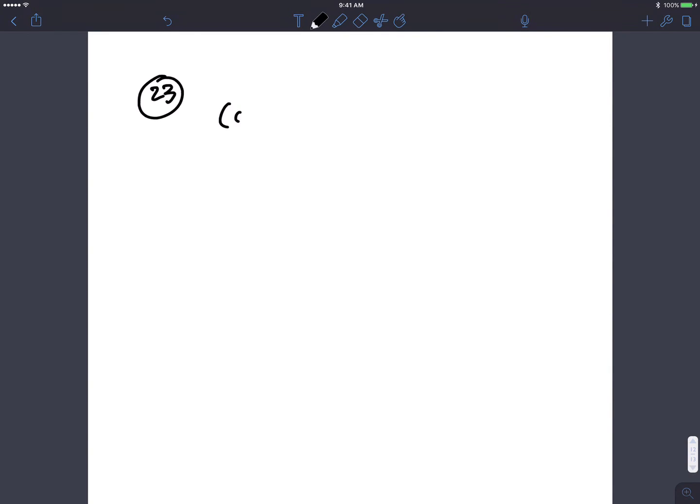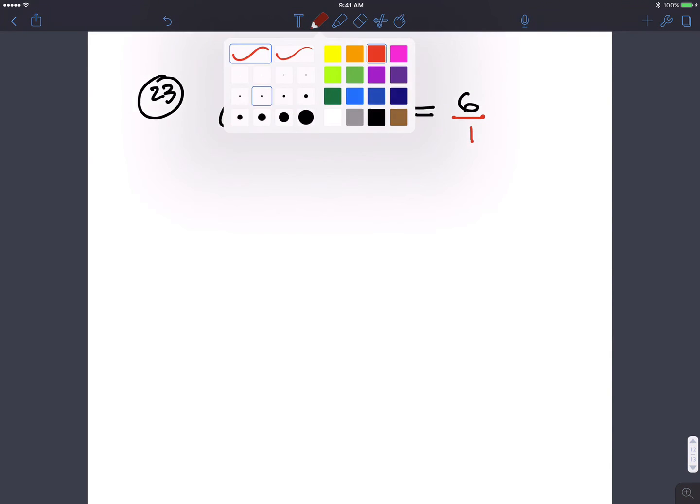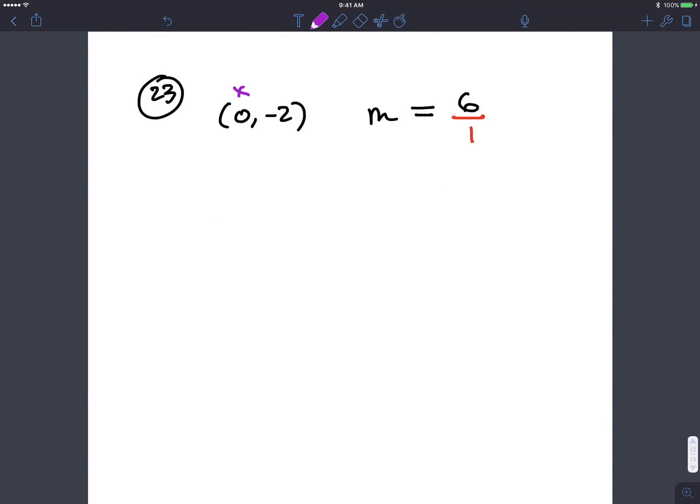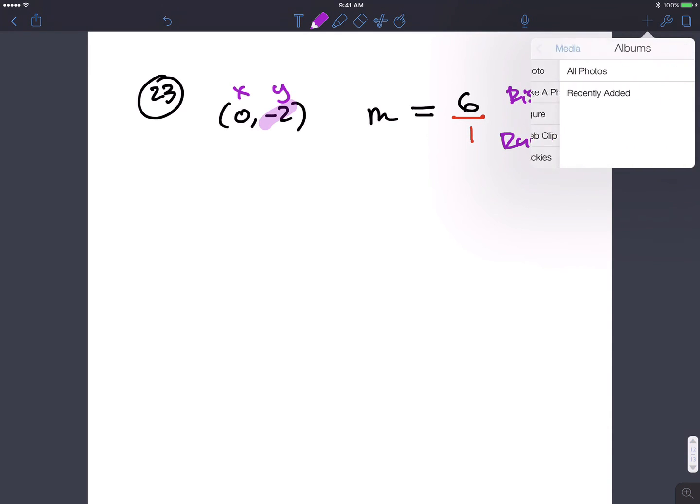Number 23, 0, -2. Slope is a 6. We have an x-coordinate, we have a y-coordinate. Notice we're passing through -2 on the y-axis. We have a rise of 6, we have a run of 1. Let's bring out some graph paper.